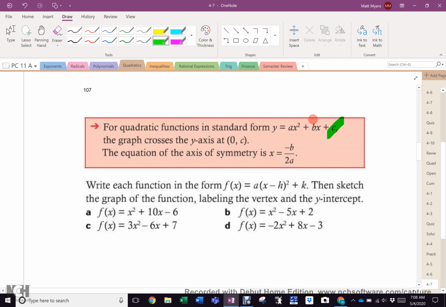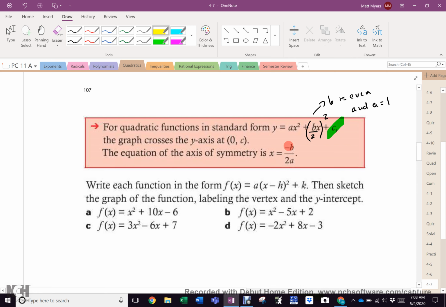When b is even, we can always divide it by 2 and square. That is great when b is even and a equals 1. But sometimes b is not even, and a does not equal 1.